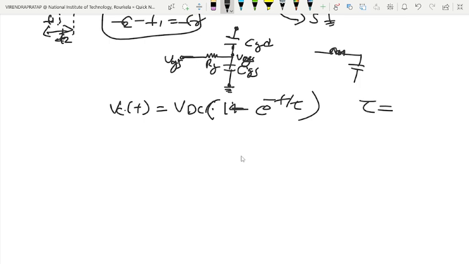Here tau is RG times (CGS plus CGD). I need to find out the rise time.